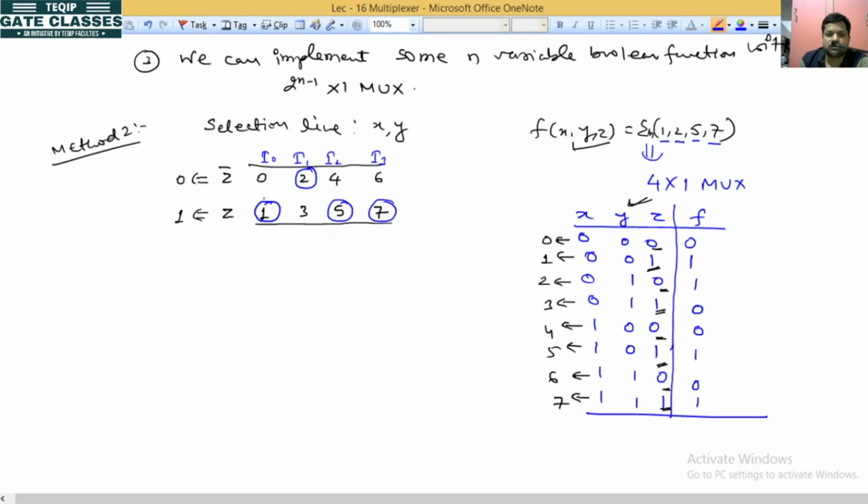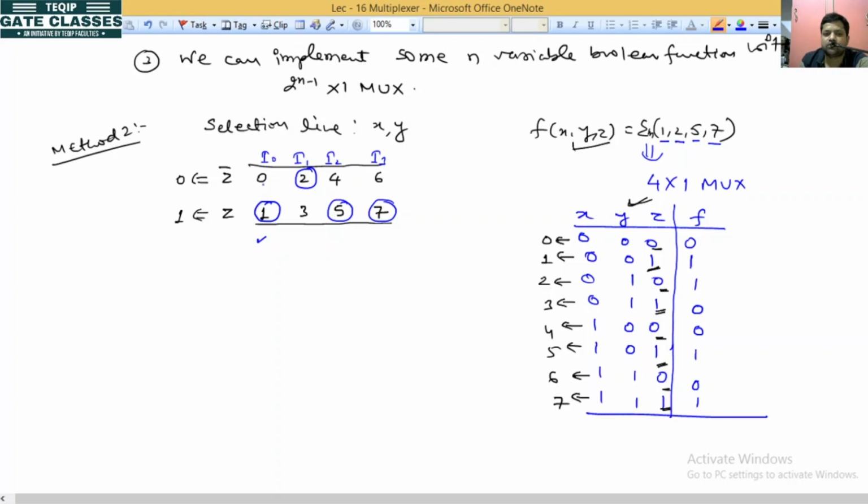So now for I0, you see the circle, below this I0 we have two decimal numbers. If both are circled, then you write 1 here. If none is circled, then write 0 here.